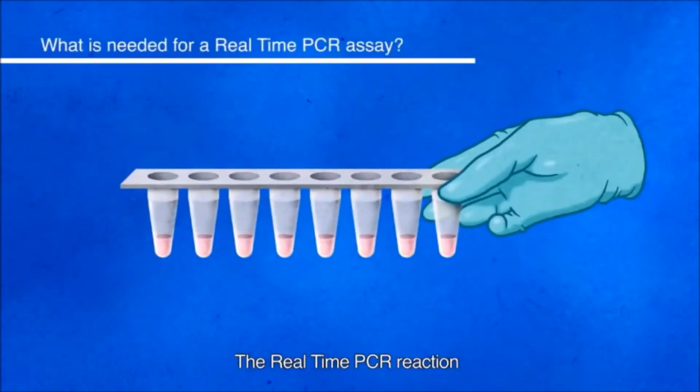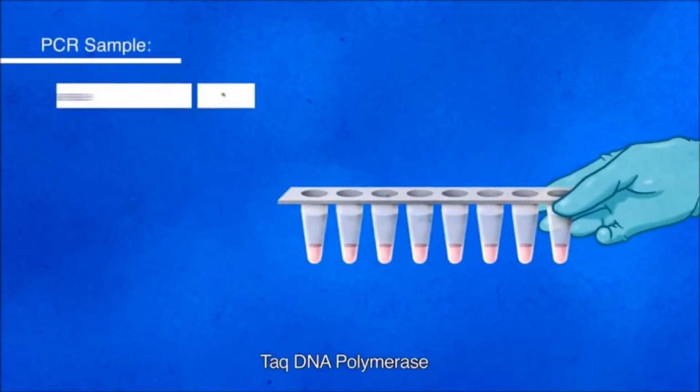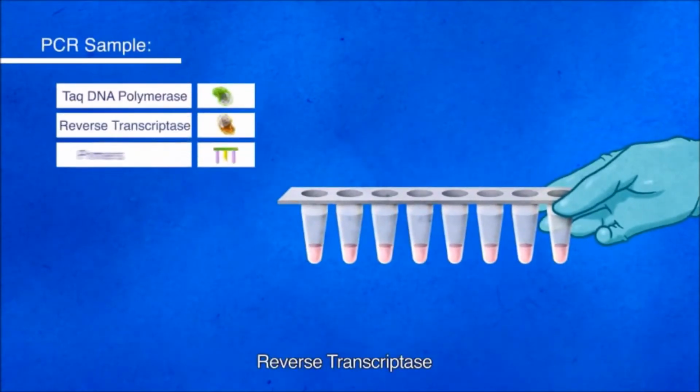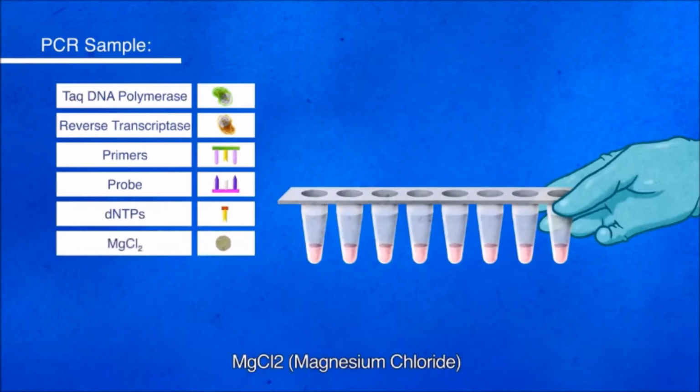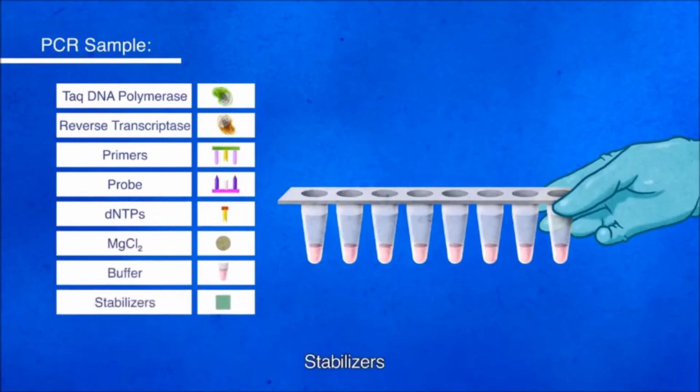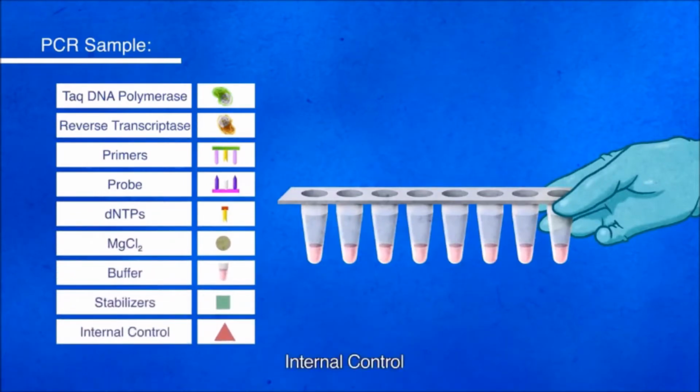When the starting material is RNA, one additional first cycle of reverse transcription is required. The real-time PCR reaction requires the following components: Taq DNA polymerase, reverse transcriptase, primers, probe, dNTPs, MgCl2, magnesium chloride, buffer, stabilizers, internal control.